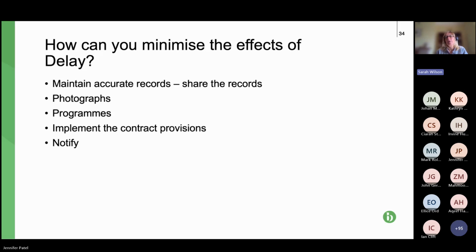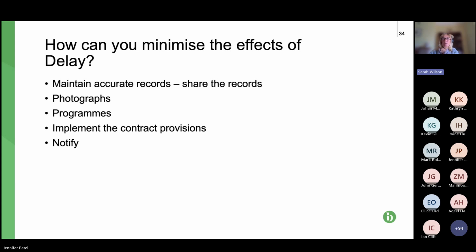So, yeah, how can you minimise the effect of delays? Being aware of them at the time is always really helpful, just from a practical perspective, because it means that if you're aware of it, you can think about how to mitigate if possible. But also, from a disputes perspective, it's just getting records to show where the project is at any one point in time.